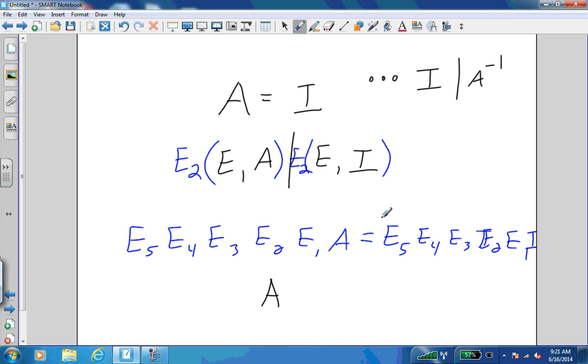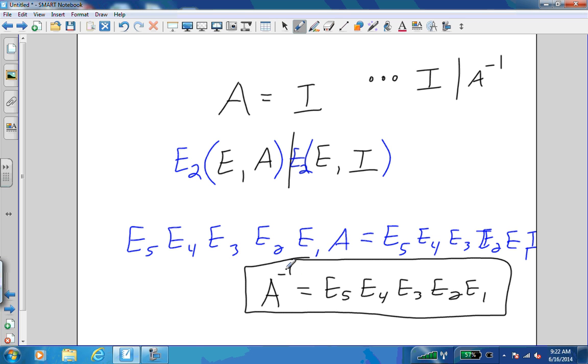That means our inverse comes from multiplying all of these elementary row operations together times our identity, which when we multiply times the identity gives us whatever we have.